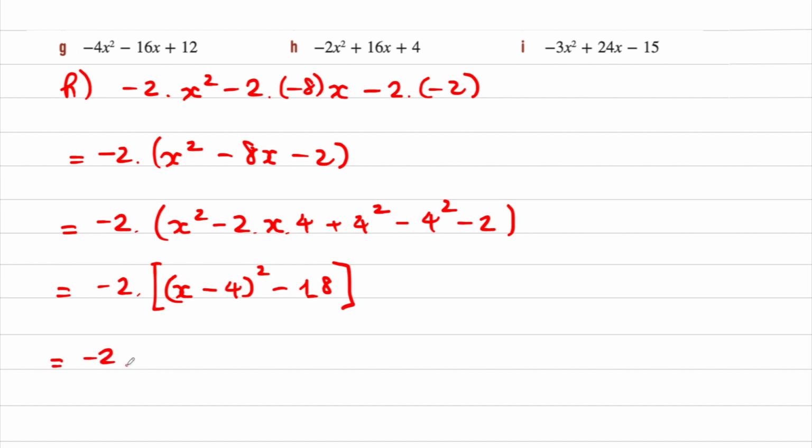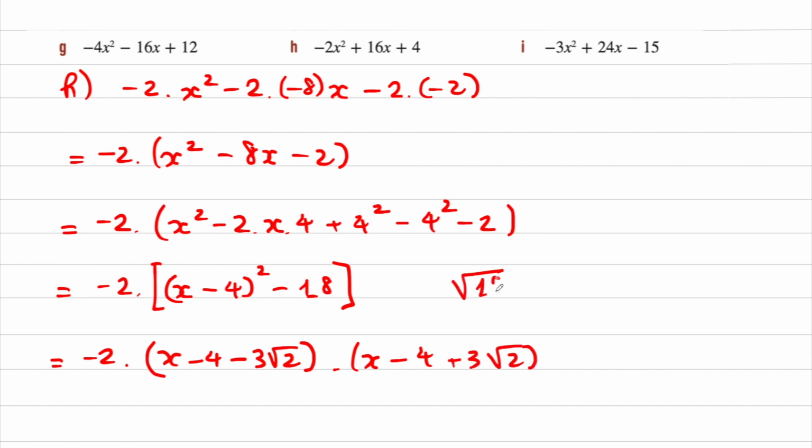And minus 2 times h minus 4 minus 3 square root 2. I hope you can understand about the surd. Square root 18 plus 3 square root 2 here. Square root 18 means square root 9 times 2. It means square root 9 times square root 2, and 3 square root 2 like this one.